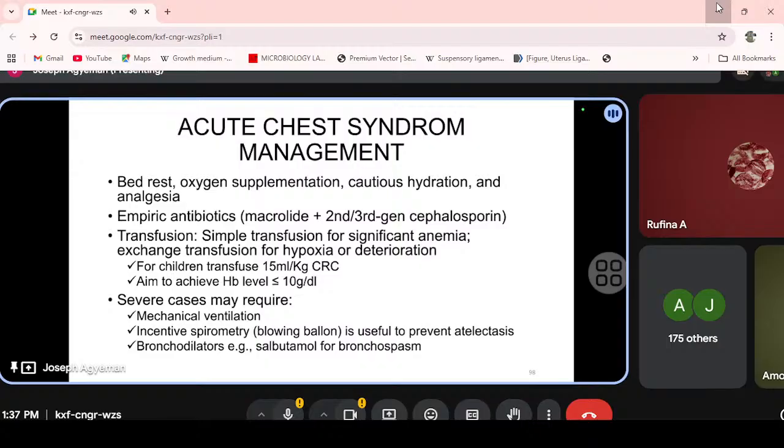Your spleen will be charged to sequester these abnormal red blood cells and destroy them. The sequestration of these abnormal red blood cells in the spleen can cause pooling of blood within the spleen. It causes splenomegaly and it comes with a lot of pain. The spleen is found within the left side of the abdomen, and this can result in massive pain. So that is how abdominal pain occurs in sickle cell crisis.